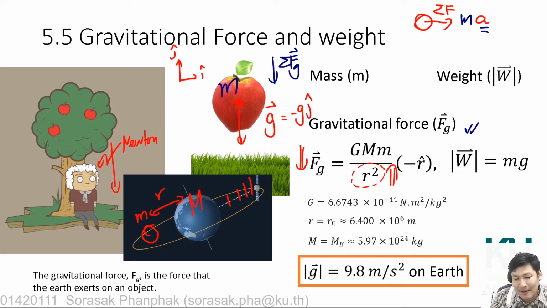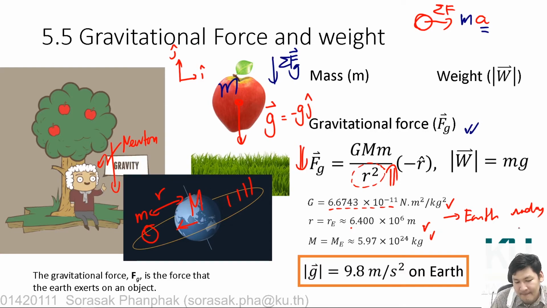So when you think about the object that is really close, or r is really close to the surface, you can use this constant, the G, for the universal gravitation. This is the Earth radius, and M is the mass of the Earth.